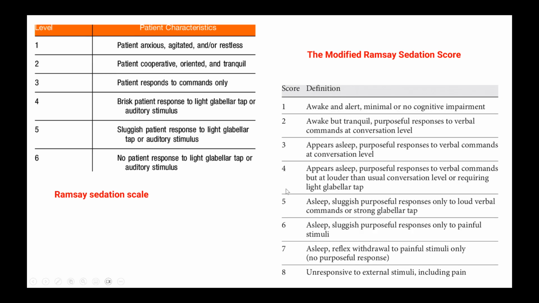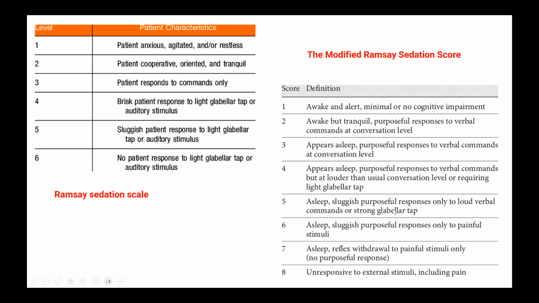And 5, it is almost like the earlier one, where the purposeful response is only to loud verbal commands. So here the difference is that the quality of the voice that you have to make is not mentioned in this. So here it gives sluggish response to auditory stimulus.